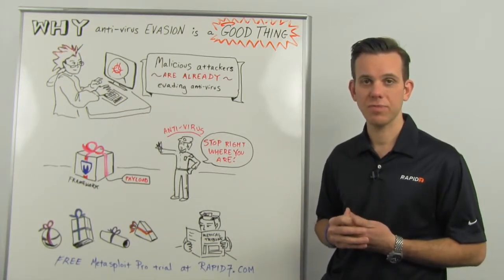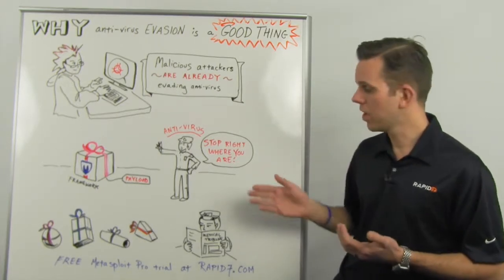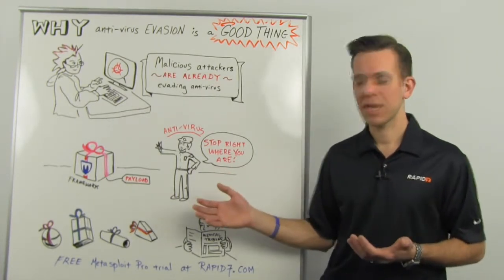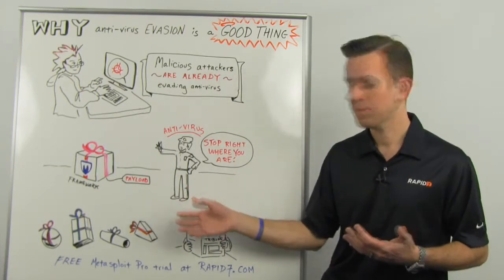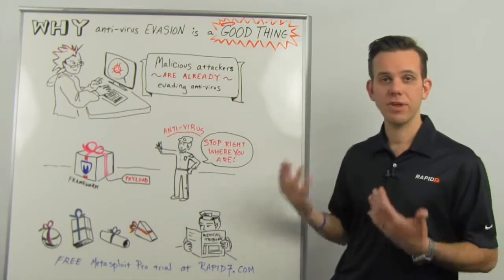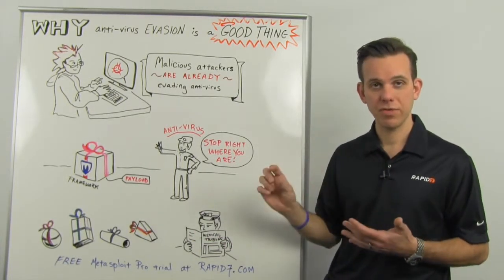So what we've done in the latest edition of Metasploit Pro is to generate what we call dynamic payloads. These are generated each time that you use them, and they look different each time that you generate them, making it really difficult for the antivirus vendors to create a signature for them.